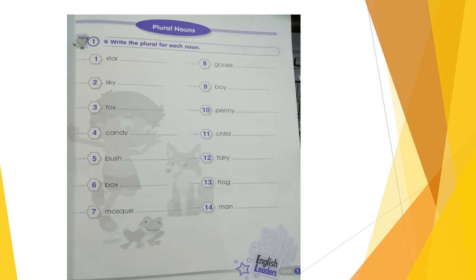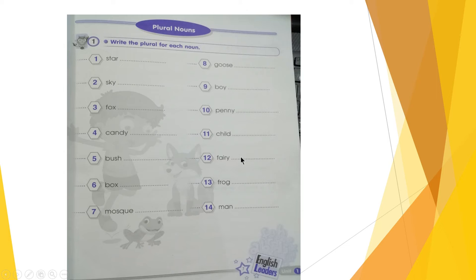Okay, let's complete. Fairy, fairy ends with what? With y. Okay, the y preceded with what? With a consonant, حرف ال R. So عنا y مسبوقة بحرف consonant. What do we have to do? We have to turn the y to i. لازم نحول ال y ل I then add es. بعدين نضيف es.